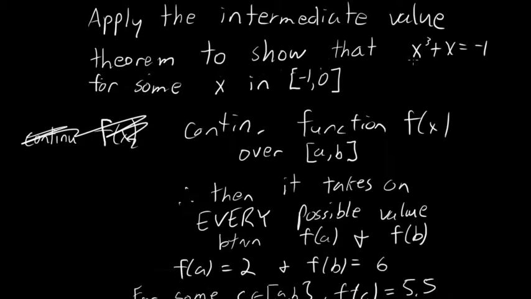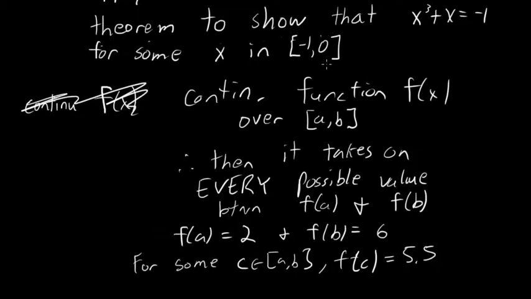So how are we going to use that to show that x cubed plus x equals minus 1 for some x in this interval? Well, first let's see what the function values are at the endpoints of the interval.